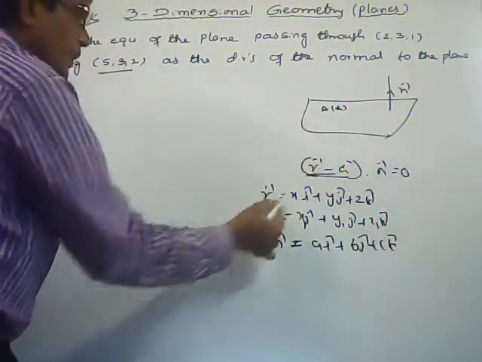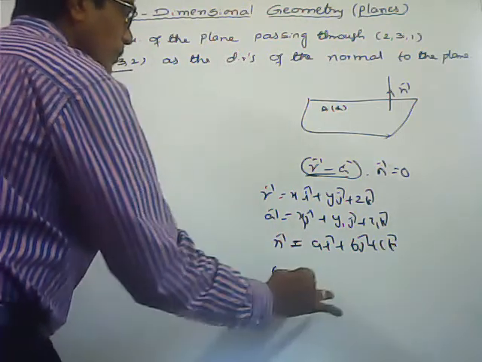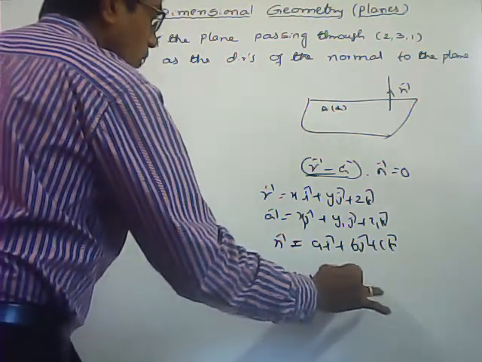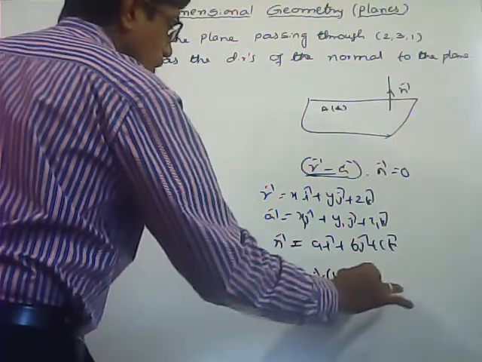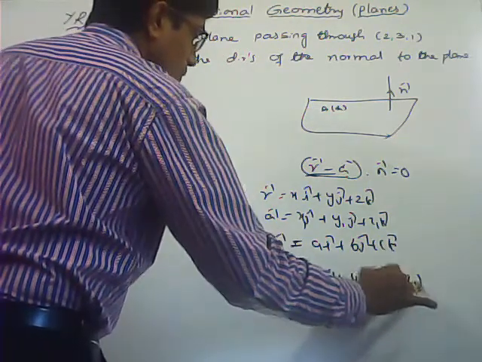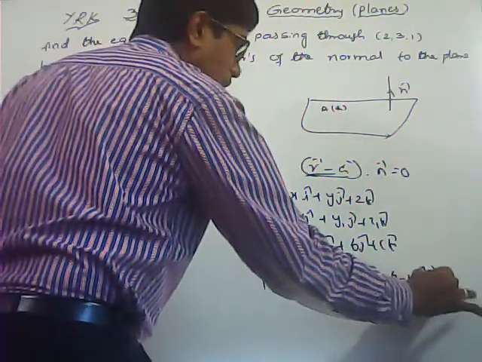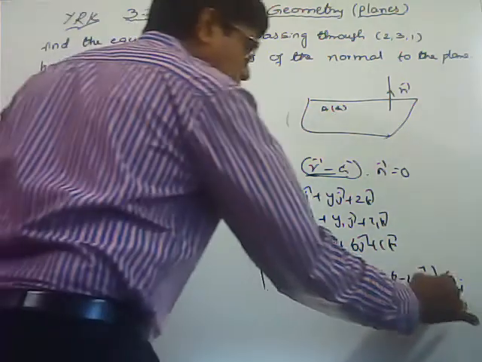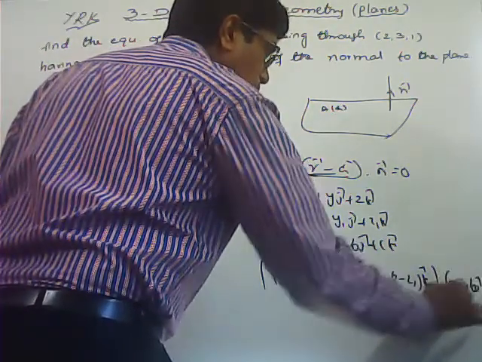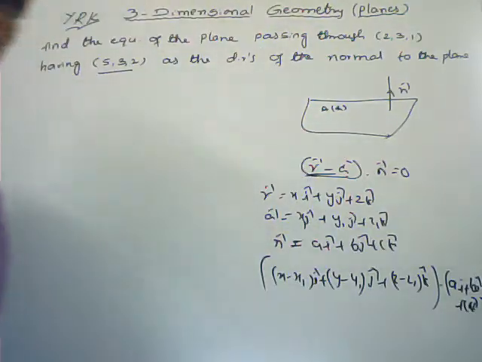Now R bar minus A bar is x minus x1 into i cap plus y minus y1 into j cap plus z minus z1 into k cap, dot n bar, that is a i cap plus b j cap plus c k cap, equals 0.